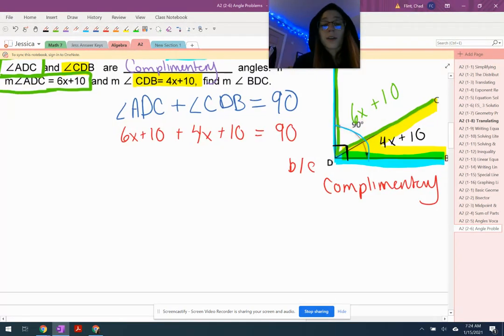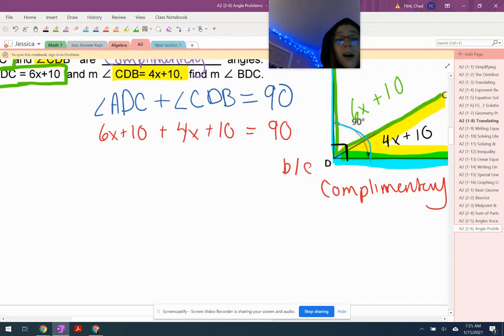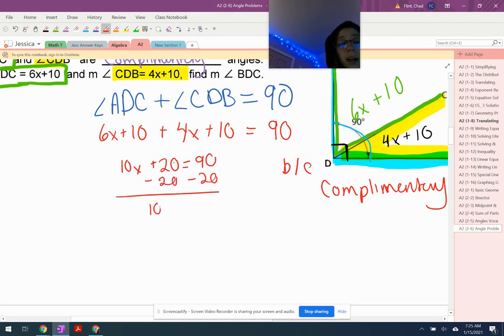Now I can solve that equation. 6 plus 4 is 10x plus 20 is equal to 90, minus the 20 to both sides. 10x equals 70. Divide by 10, x is equal to 7.